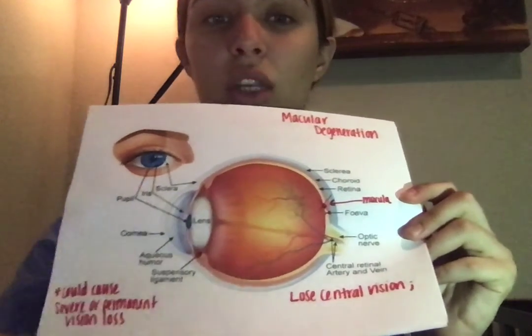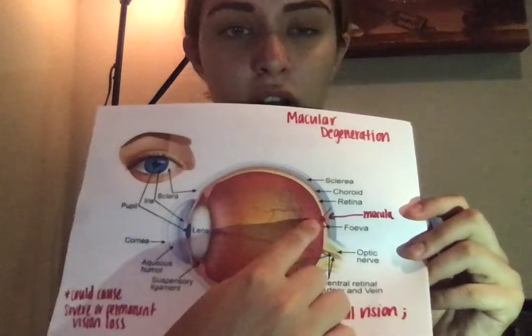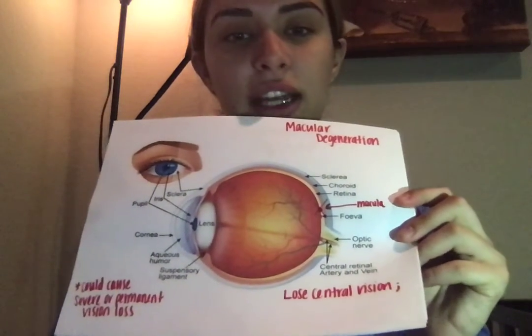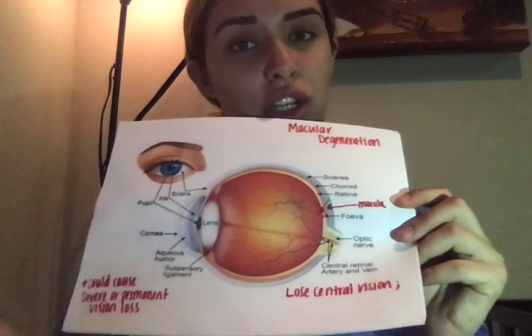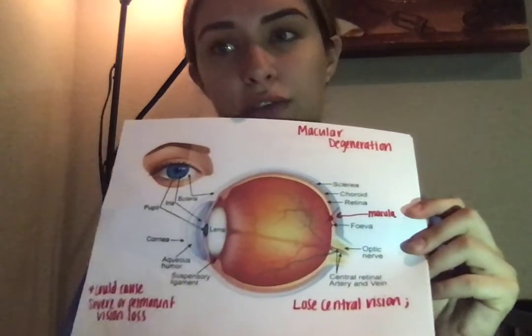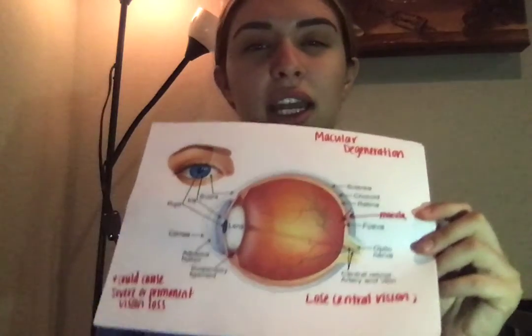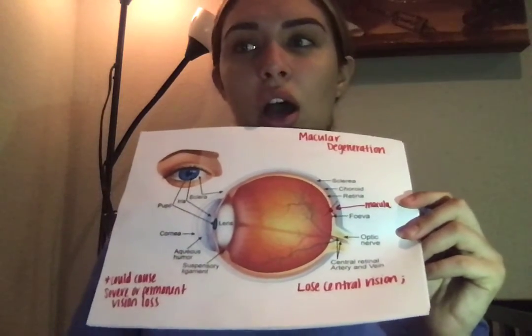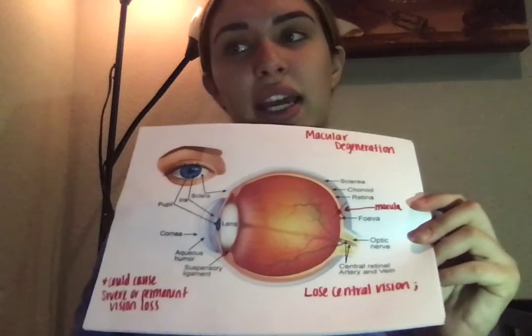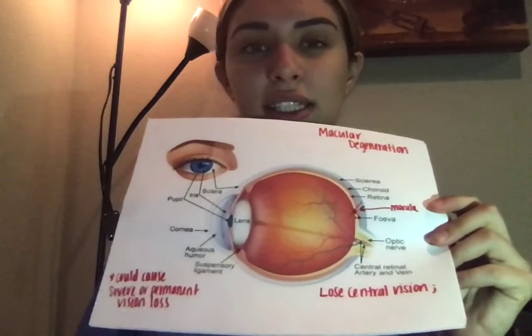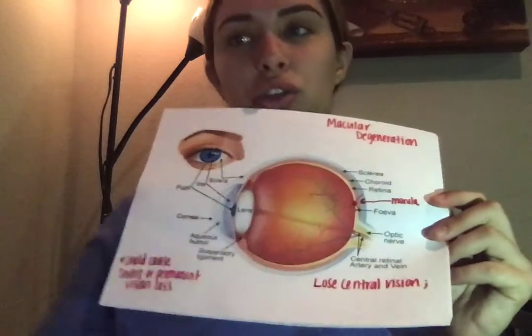Okay, so as we see, the macula here for macular degeneration is not working. Usually it's caused by fatty tissue or just deterioration itself. The treatments are vitamins and antioxidant therapy, or diet, exercise, avoiding smoking, wearing sunglasses, and the end result would be surgery.